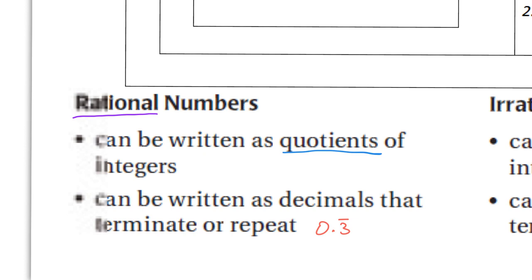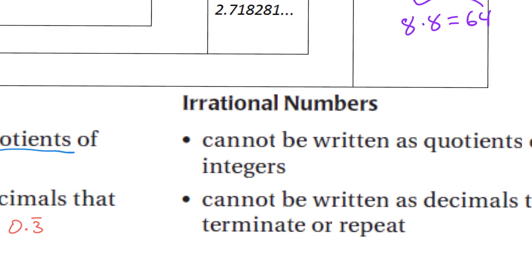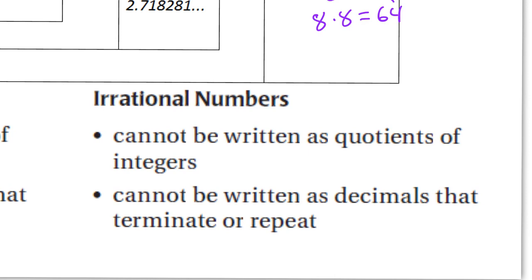Irrational is just the opposite. So irrational numbers are numbers that cannot be written as a quotient of integers, so no fraction. Yes, we do have some numbers that you cannot write as a fraction. So those are irrational. Or numbers that cannot be written as a decimal that terminates or repeats.